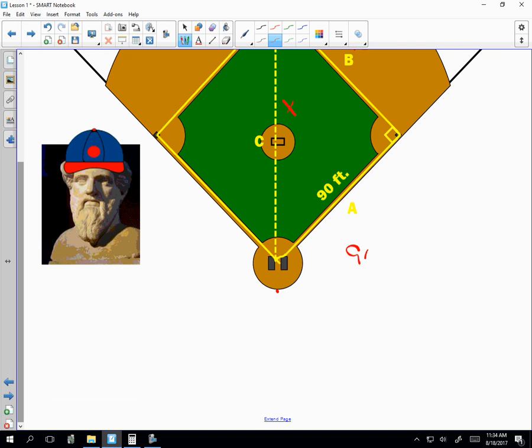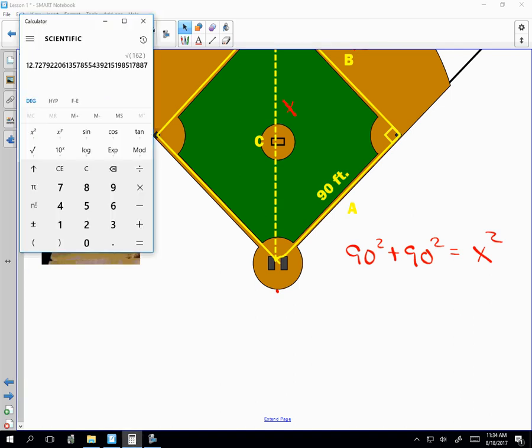To find the distance of the throw from home to second, 90 squared plus 90 squared equals x squared. We can go through and do our calculation. So 90 squared is 8100, plus another 8100.